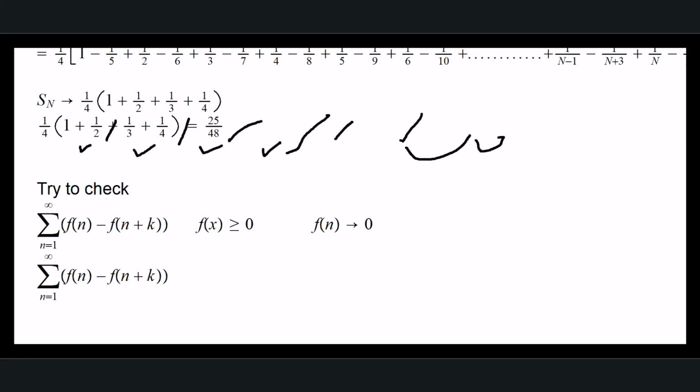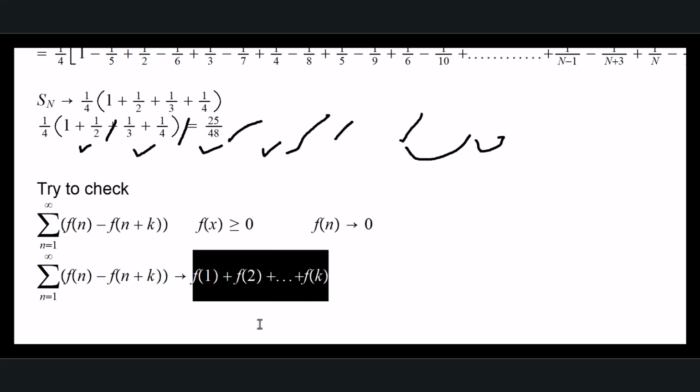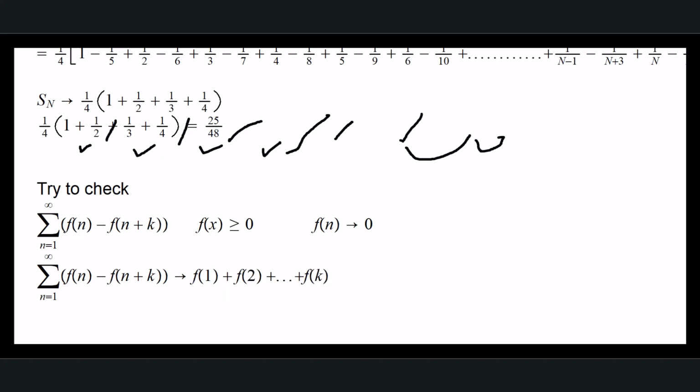So this would be what? This will simply be f1 plus f2 plus f, how much? fk. All right, so that's what this will converge towards. So see if it is true.